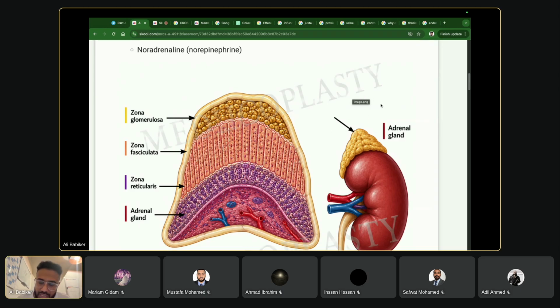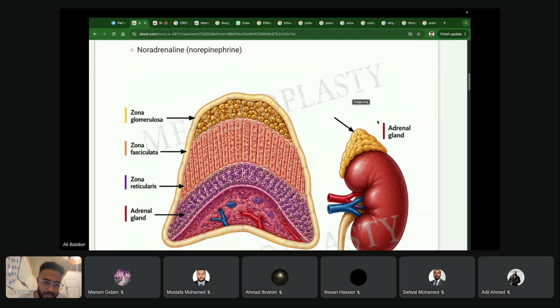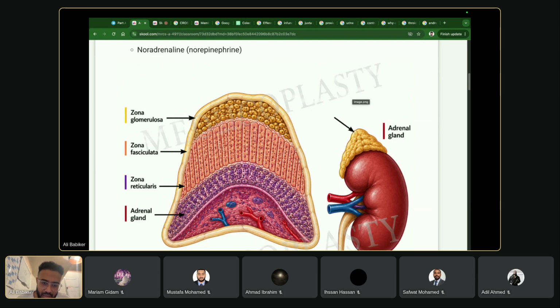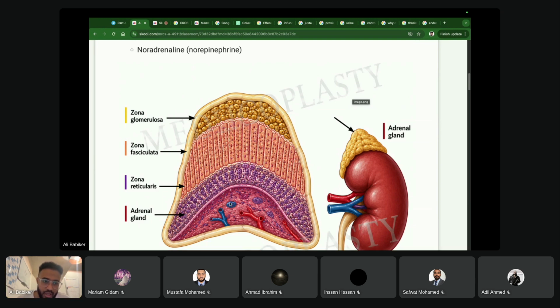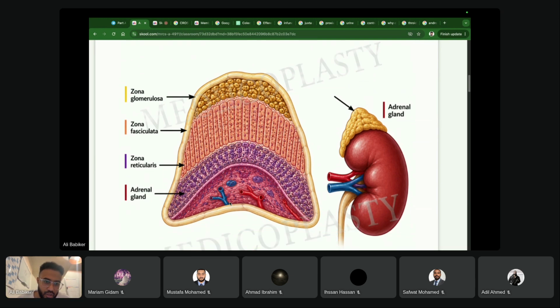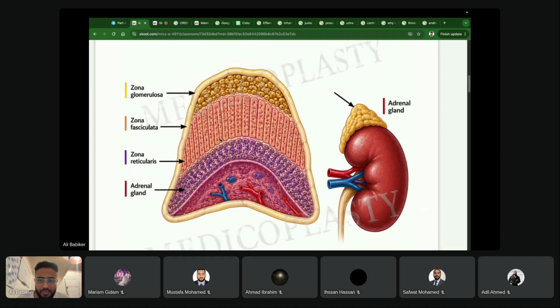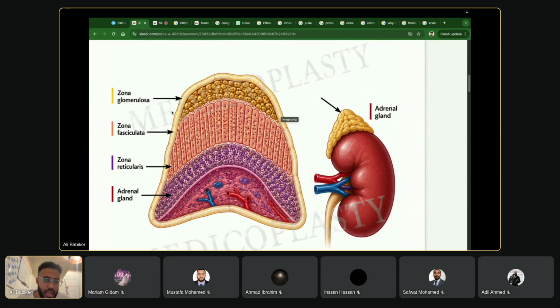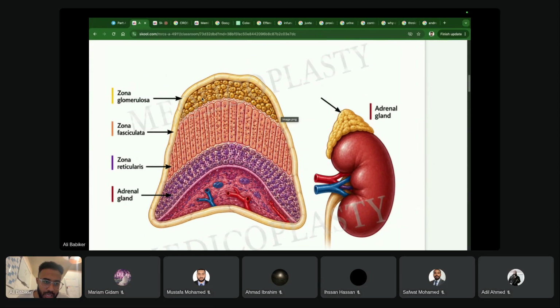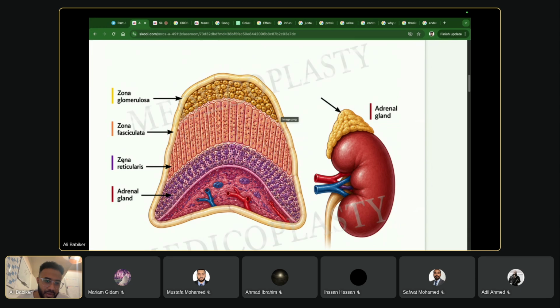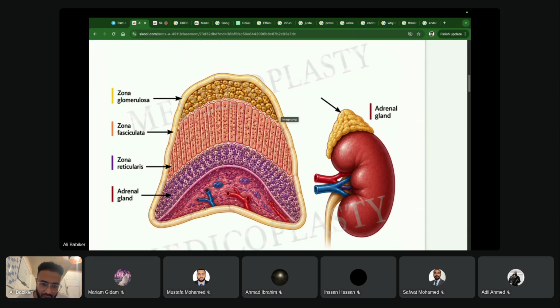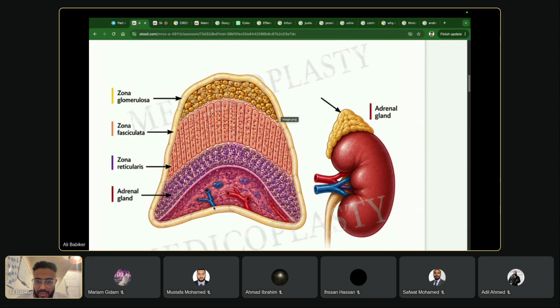Here this should be the medulla down there. So this image I need to correct, it's not that accurate. This is the zona glomerulosa, zona fasciculata, and then reticularis. Here you have the medulla. I hope you understand that.